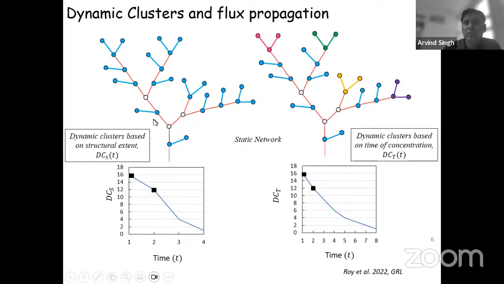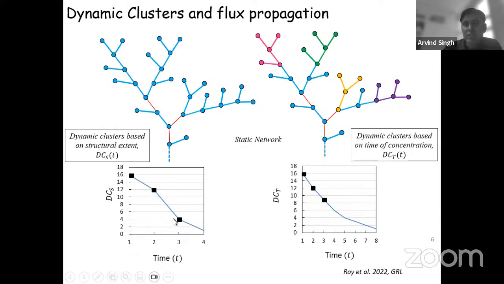We can count 1, 2, 3, 4, 5, 6, 7, 8, 9, 10, 11, 12 clusters in both cases. As we move further down at time step 3, the number of clusters changes in both cases.